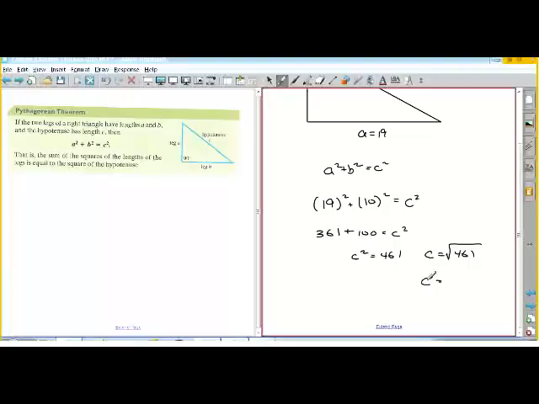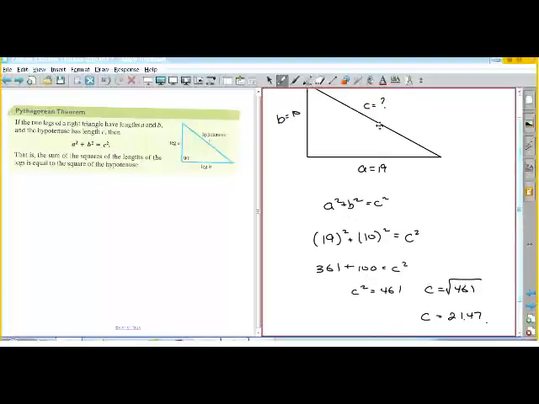And if you actually plug it into your calculator, the square root of 461 is 21.47. It's an irrational number. It's a square root. It's not a perfect square. So the unknown side is 21.47.